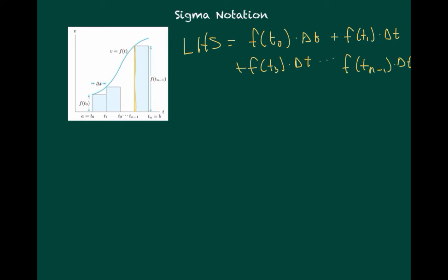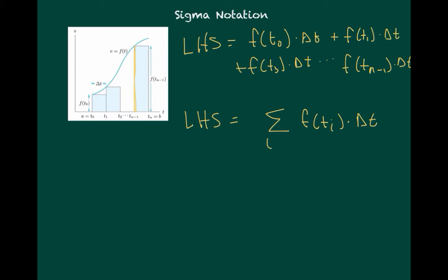So if we were to write that in sigma notation, in order to save us all that writing, the left-hand sum would equal the sum of all of the rectangles in the form f of t sub i times delta t. That's the same as the right-hand sum.